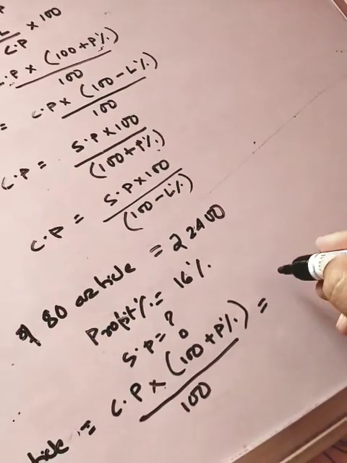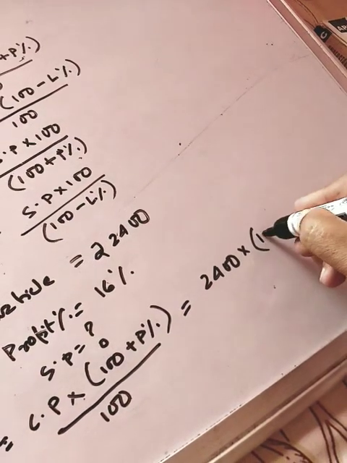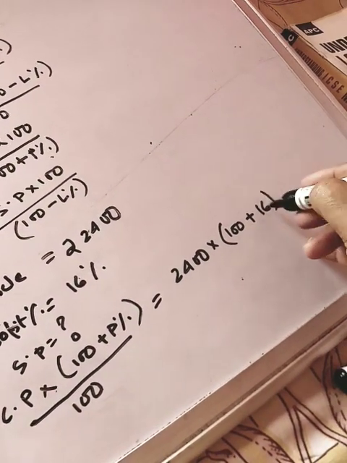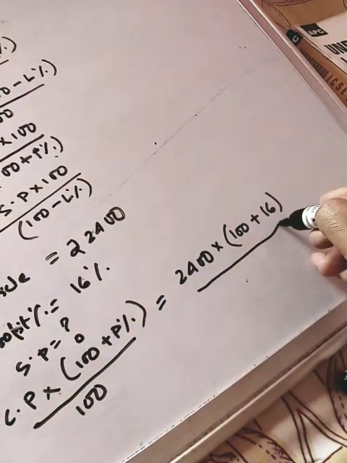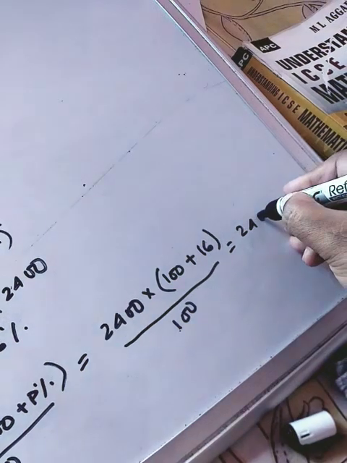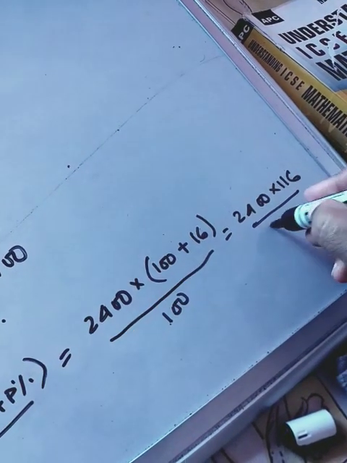Now just put the values: 2,400 into 100 plus the profit percent given, 16. Do not put the percentage sign, and then upon 100. Now solve it: 2,400 into 116 by 100.